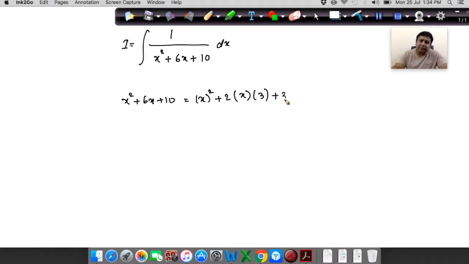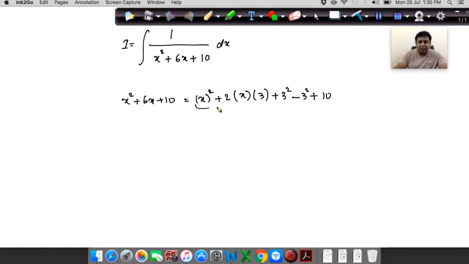Then you need a 3 square so that you get a square plus 2ab plus b square. But I can't put anything on my own, so I have to remove 3 square at the same time. The method that I am explaining right now is the basic and primitive way of completing the square. I'll give you a shortcut immediately after this, but if I tell you the shortcut directly, you won't be able to understand properly. So first I'm giving you the reason, and then I'll tell you a shortcut which will make you very fast. So plus 10, that number was already there.